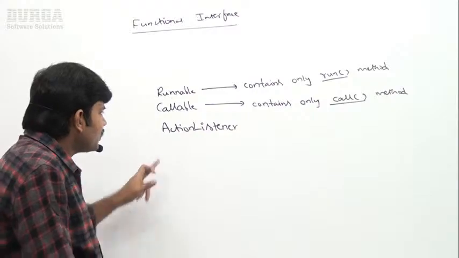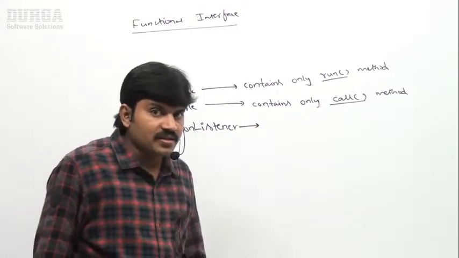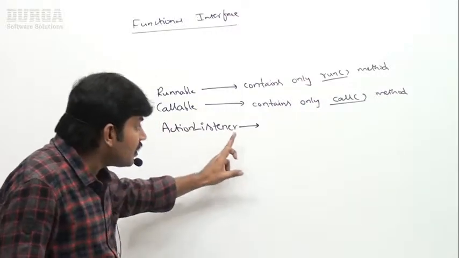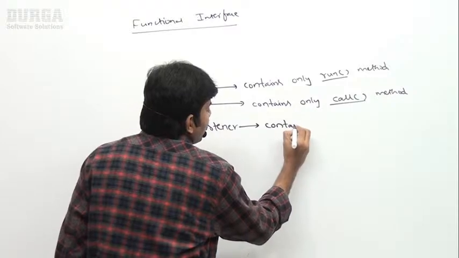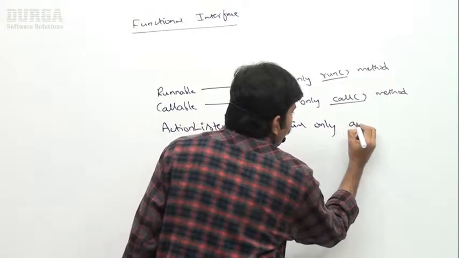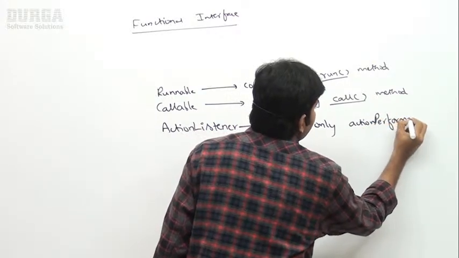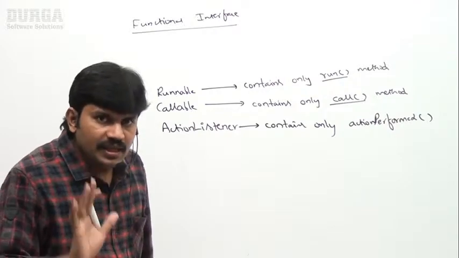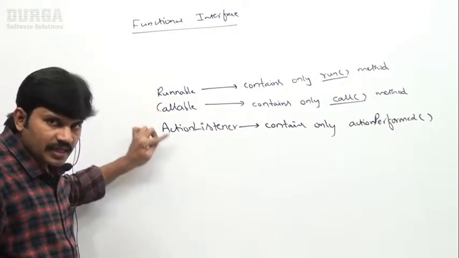Next, ActionListener. Where can we use ActionListener? In GUI concepts like AWT, Swing, somewhere we may have it. This interface contains only one method. What is that method? The actionPerformed method. Sir, Runnable, Callable, ActionListener.